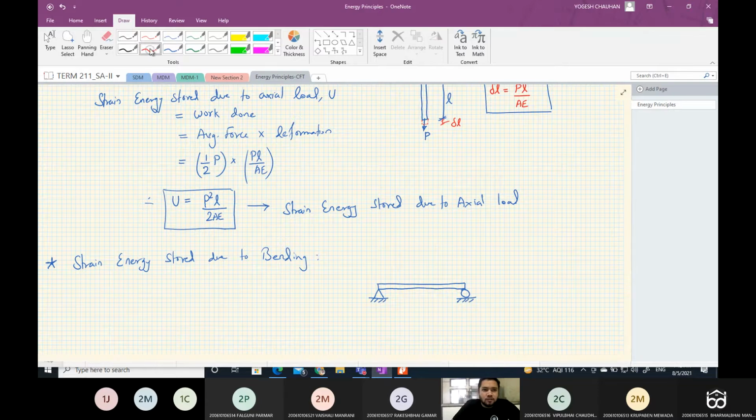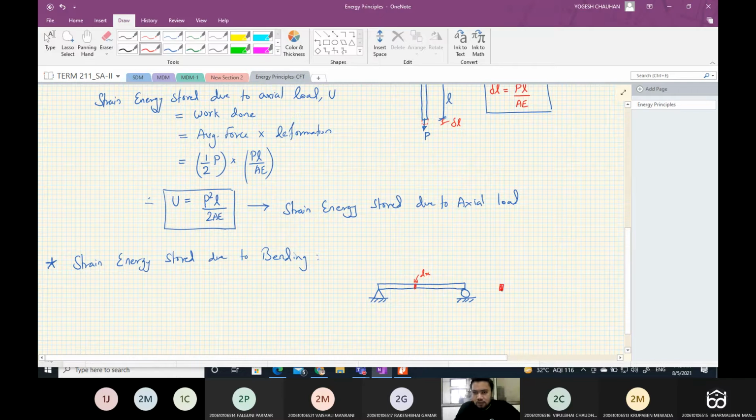Now consider a small element dx, and the cross section of this is like this, dx.